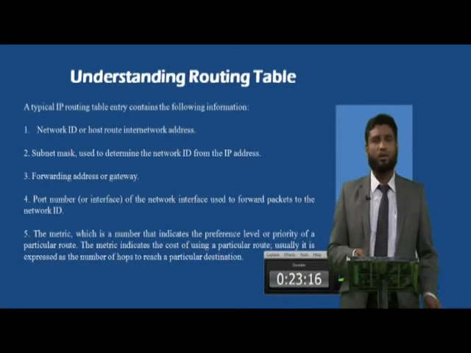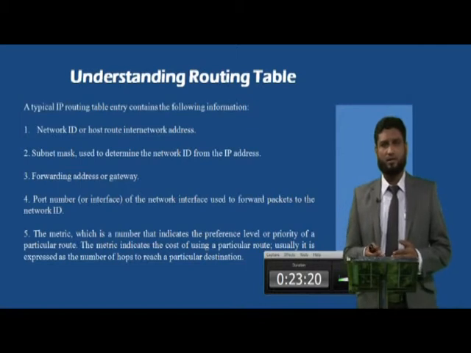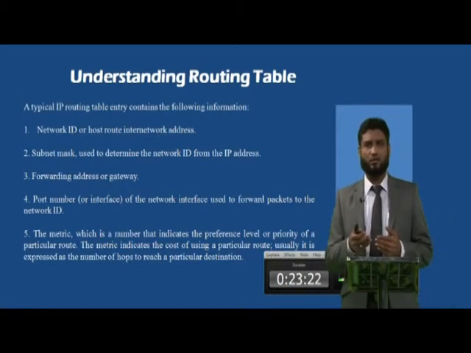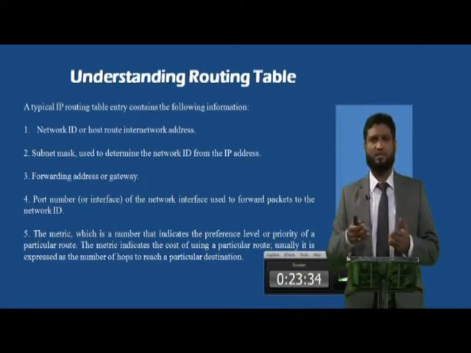Understanding the routing table here: every router, during data transmission when a routing protocol is used, makes tables, routing tables. That means all network information associated with this topology is in some tables.